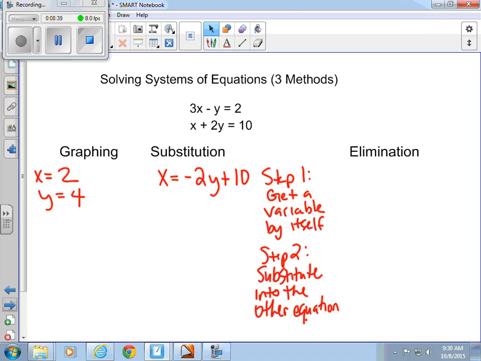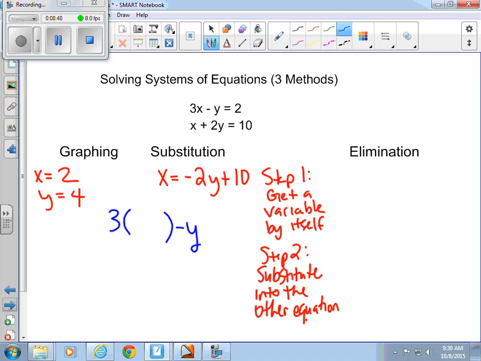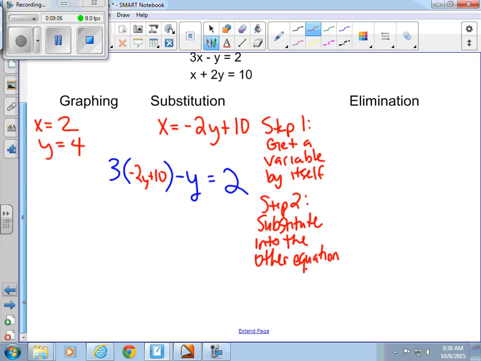So I'm going to take that top equation and I'm going to write 3 times x minus y equals 2. Where that x was, I'm going to substitute in negative 2y plus 6. I'm going to solve that equation for the variable that's in it.